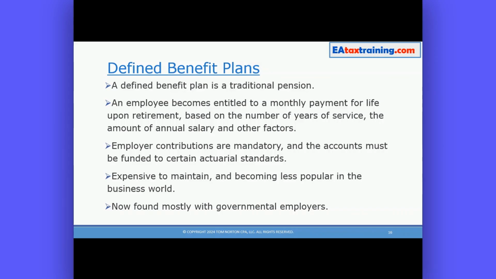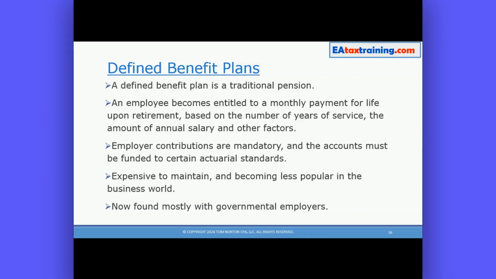So this is that typical case where you work for the company for 30, 40 years. The amount of your pension is going to be calculated based on some formula. Like it'll look at maybe your last 3 years of pay. It'll say what's your average pay for the last 3 years. And then based on how many years you've worked there, you'll get some percentage of that average pay for the last, in our example, 3 years.